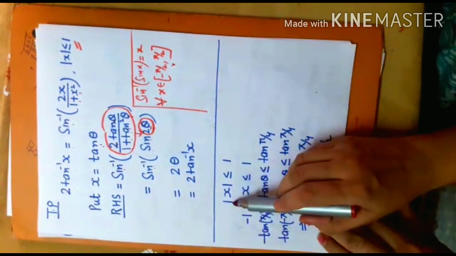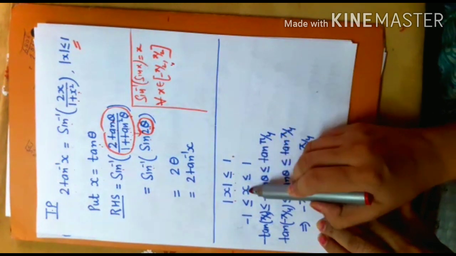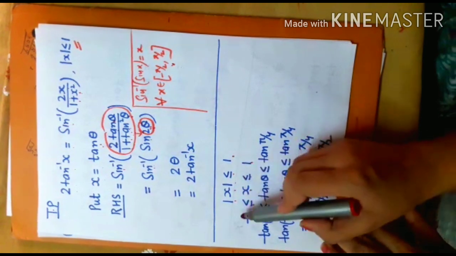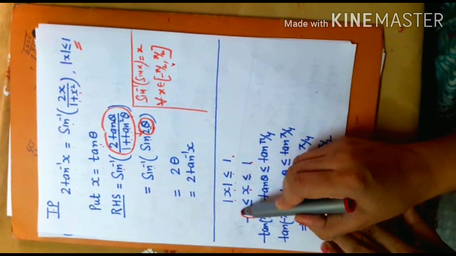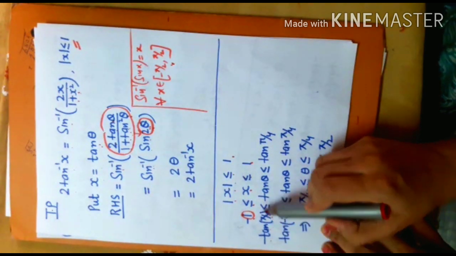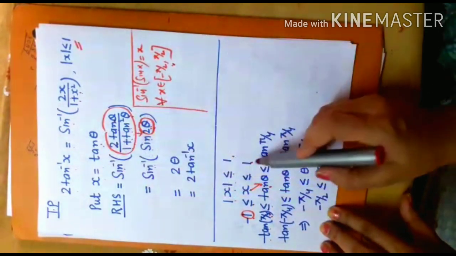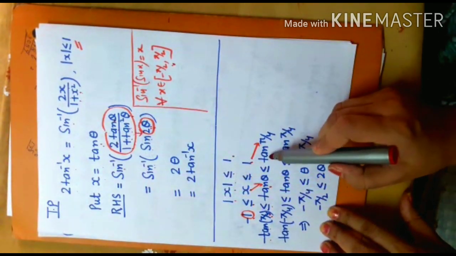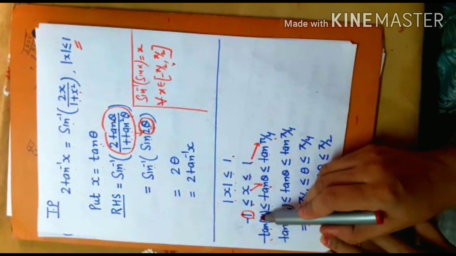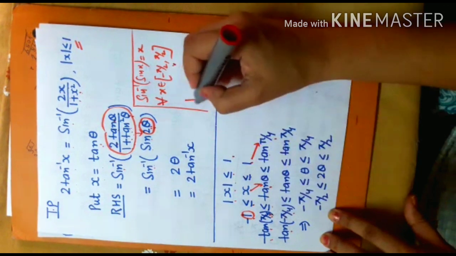Now look here. Absolute value of x is less than or equal to 1. That means x will be greater than or equal to minus 1 and less than or equal to 1. This can be written as tan pi by 4. So here I'll get minus tan pi by 4 less than or equal to tan theta. x is your tan theta and 1 is replaced with tan pi by 4. Now minus tan pi by 4 can be written as tan of minus pi by 4.